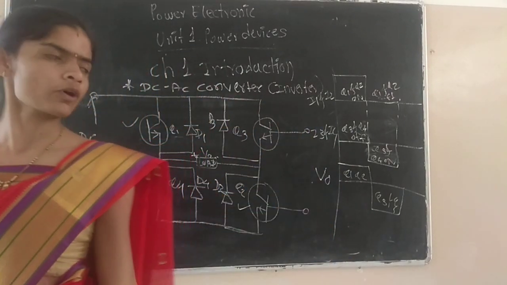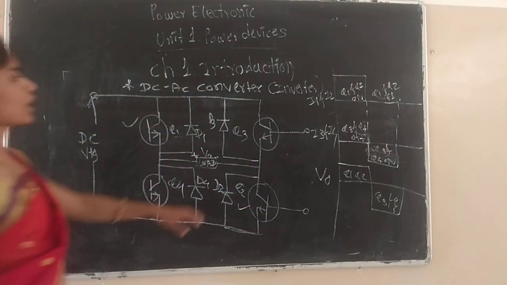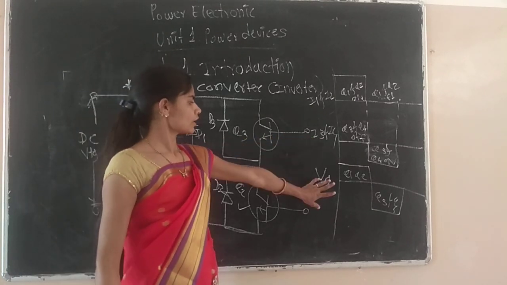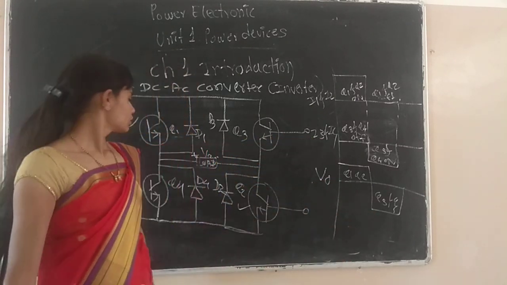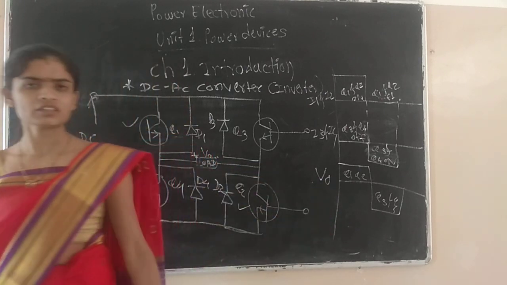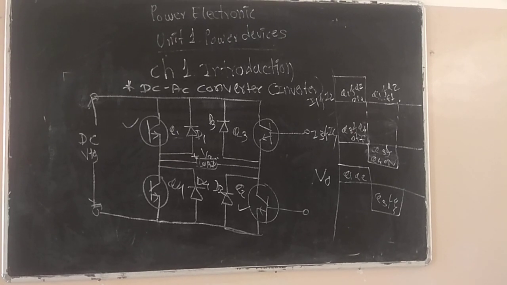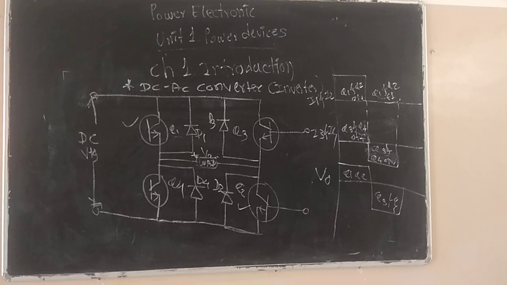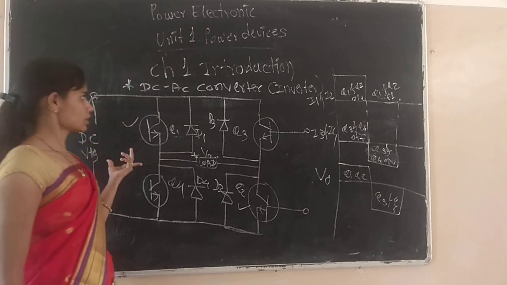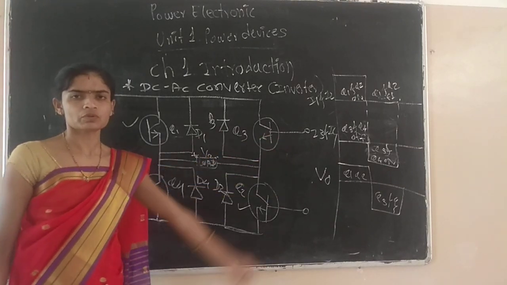The current waveforms for I1 and I2, then I3 and I4, and the output voltage across the load are like this. In the first positive half cycle Q1 and Q2 are on, and the current flowing through them is I1 and I2. In the next, negative half cycle, Q3 and Q4 are on. This is the circuit diagram for the inverter and its output waveform.